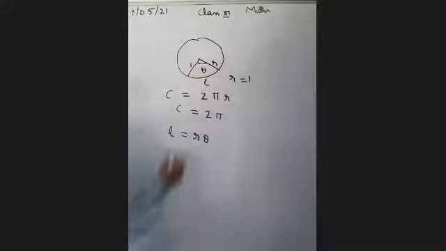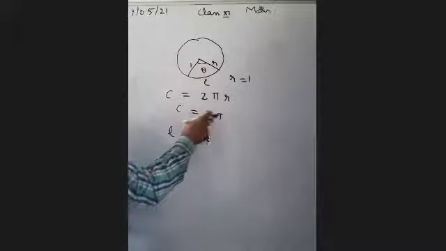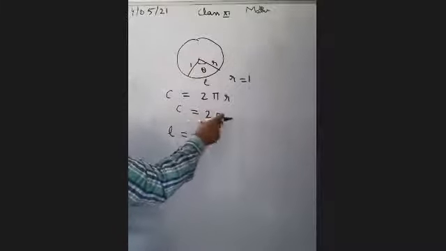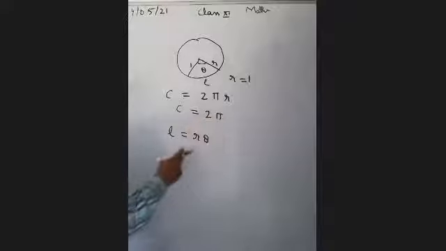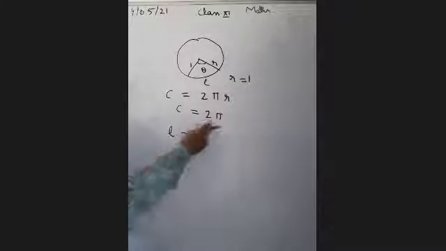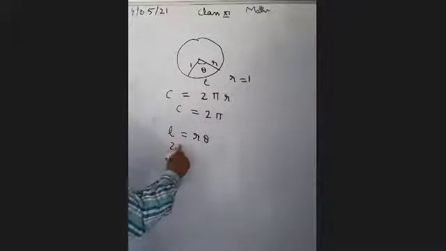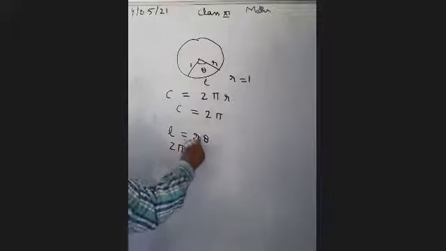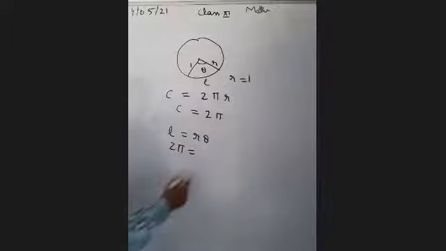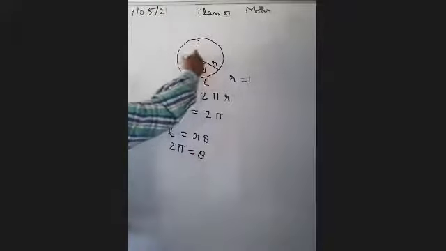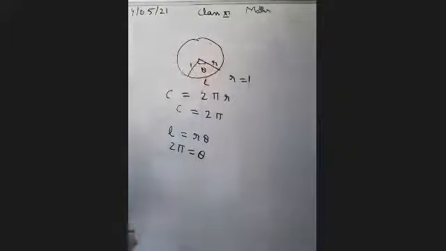Whatever arc we are taking, the whole arc we take, C equal to 2 pi. है ना. If we take radius we are taking 1, so theta is equal to 2 pi. यानी कि the whole circle will make the angle at the center in radians. This is the measurement in radians.